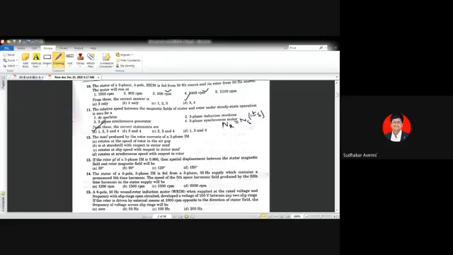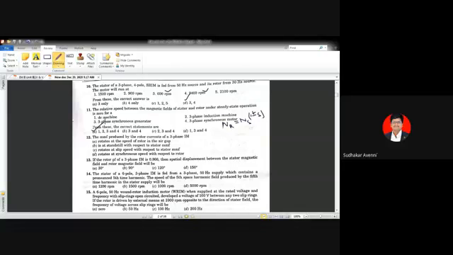Next, the 12th one. The MMF produced by the rotor currents of a 3-phase induction motor: A. Rotates at the speed of the rotor in the air gap. B. Is at standstill with respect to stator MMF. C. Rotates at slip speed with respect to stator MMF. D. Rotates at synchronous speed with respect to rotor.